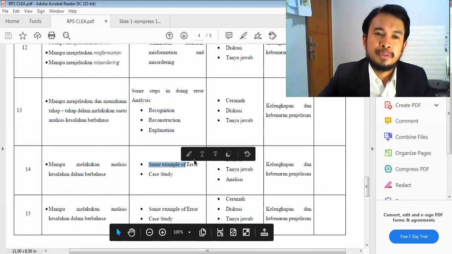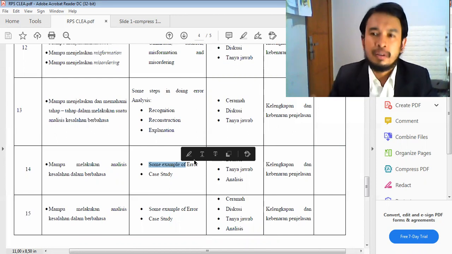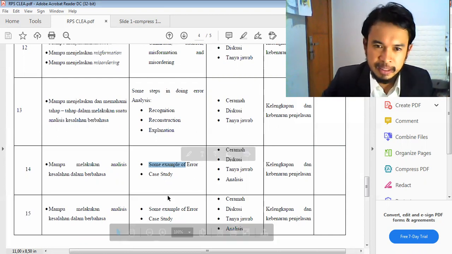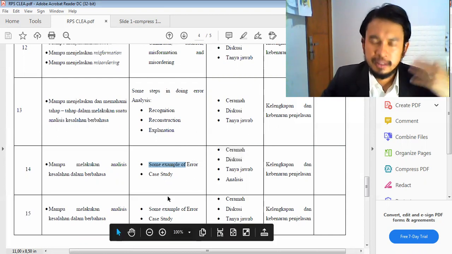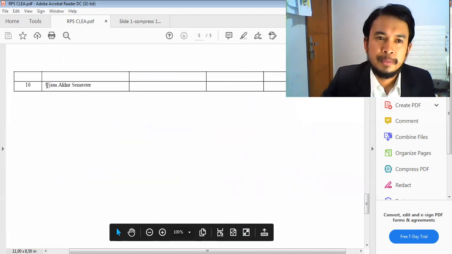We are going to make a trial: how can you identify the errors of one text, just like a case study. And afterwards, you are going to prepare for your final examination.